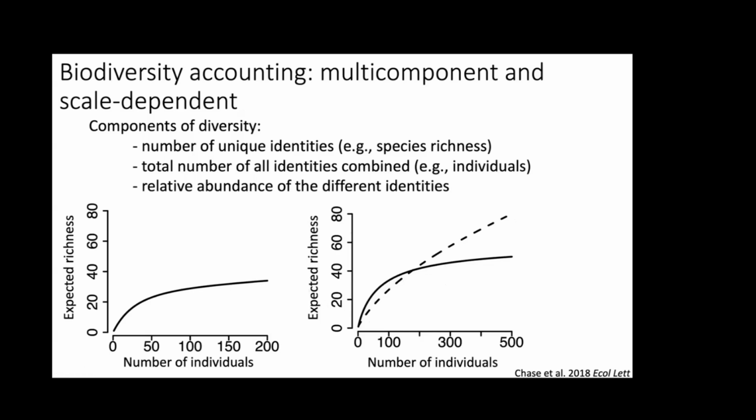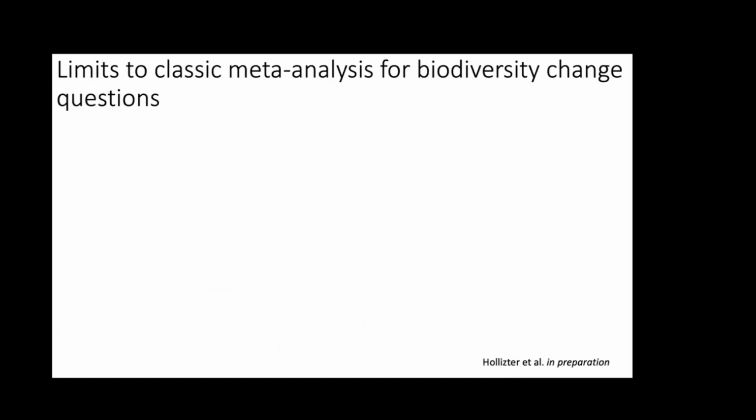And so when we do our biodiversity accounting, we'd really like to be able to keep track of all of these things. This means that when we look to do biodiversity synthesis, I've got biodiversity change in the title there, but this doesn't necessarily have to be change from time to time.